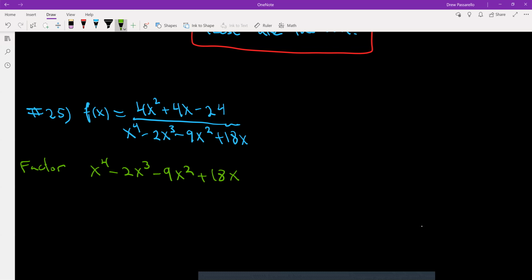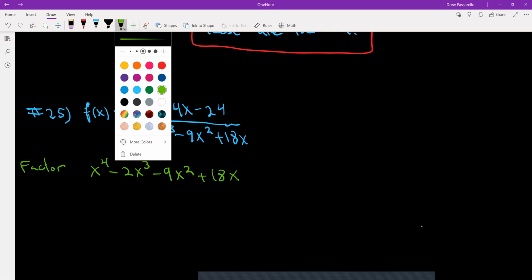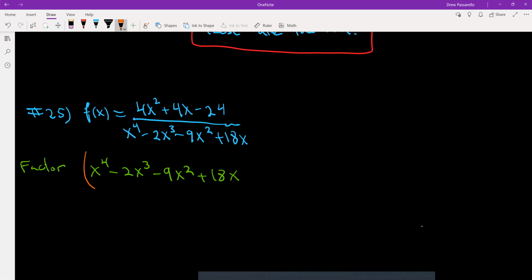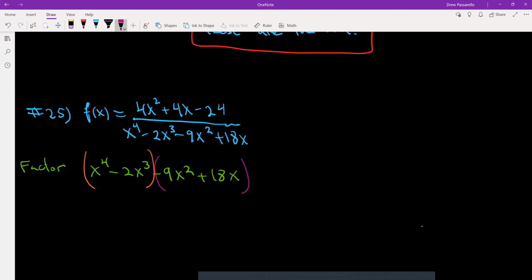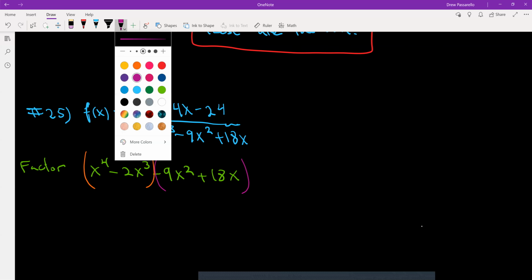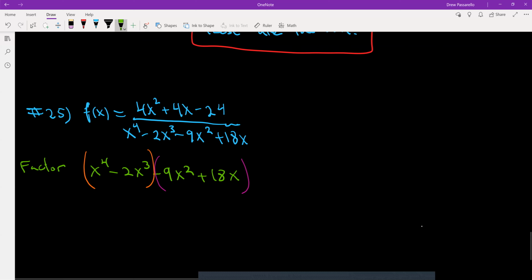Whenever I have more than 3 terms, so here I have 4 terms, I would try factor by grouping. So I would group a pair. Let's say I grouped those two together, and then the other group, those two. And then I factor in each group. Now for x to the 4 minus 2x cubed, the factor is going to be x cubed.